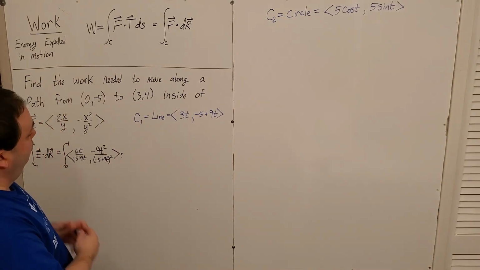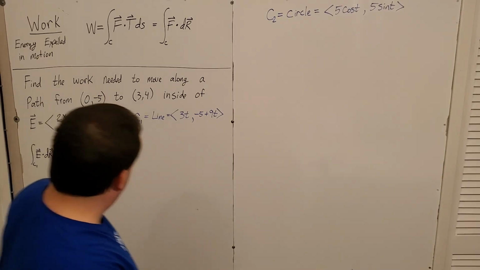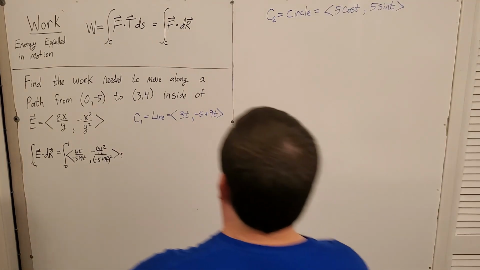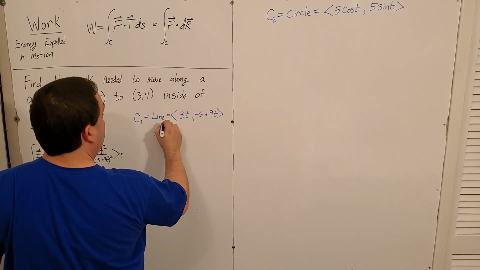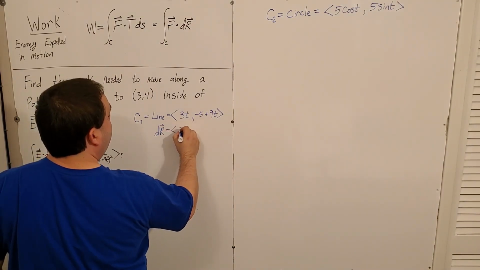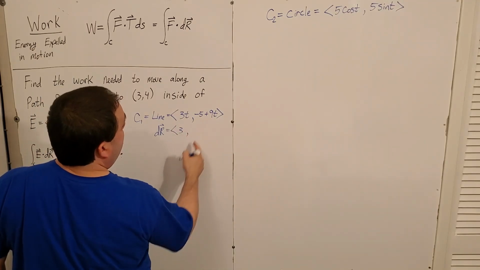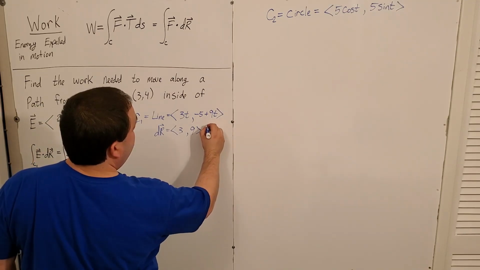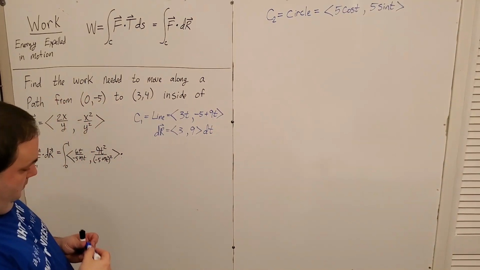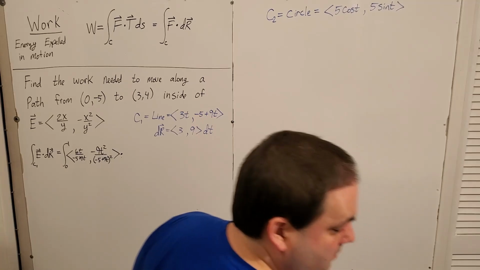So let's figure out what dr is real quick. dr is going to be 3 and 9, right? dt. Cool.